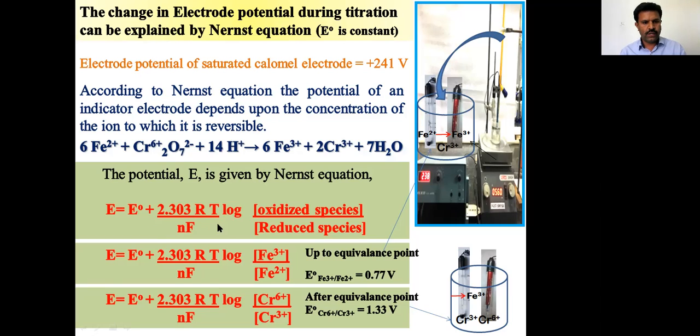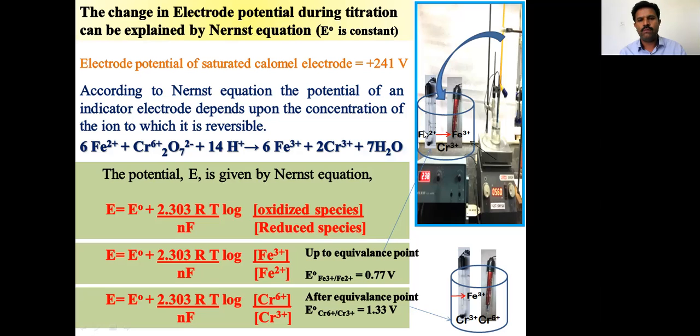Up to the equivalence point, the electrode potential is governed by the E naught value. What is that E naught value? Before addition of potassium dichromate solution, the beaker contains only ferrous ions, Fe2+. When we add dichromate into the beaker, it starts oxidation. That is, ferrous ions present in ferrous ammonium sulfate start oxidizing into ferric ions.